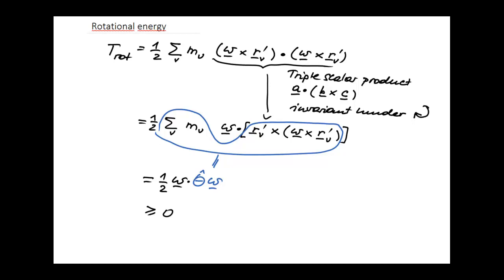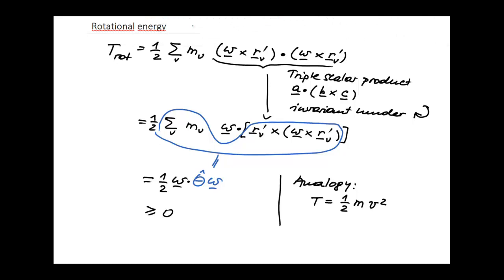And this simple expression for the rotational energy, 1/2 omega theta omega, looks very similar to the expression for the kinetic energy of a single mass point. There you have 1/2 mass times velocity squared. And you see that there's an analogy here.